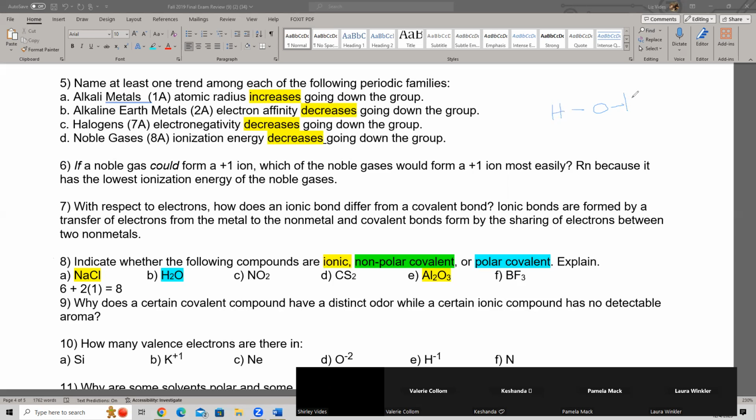All right, and I know you know that this is polar, but we're about to find out why. Since we used 4, we subtract 2 bonds times 2, which is 4.